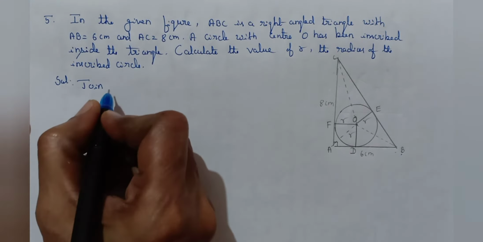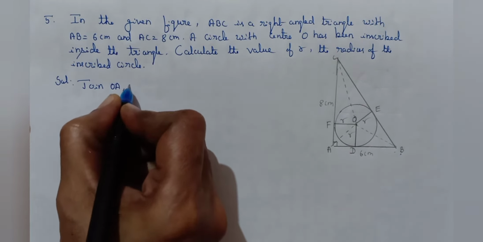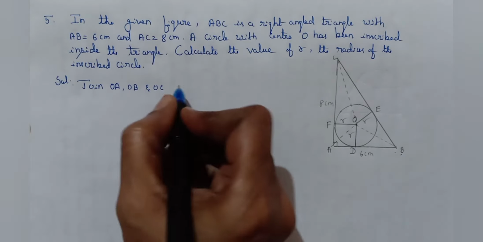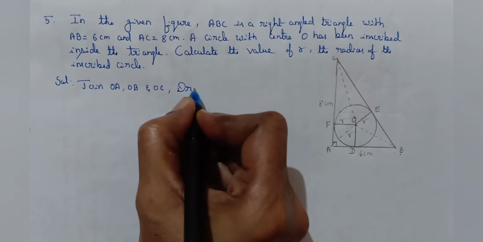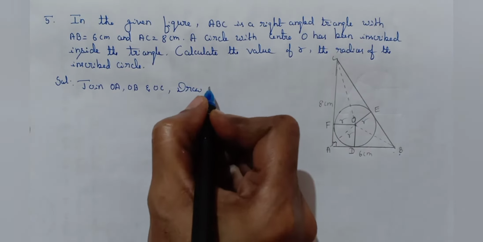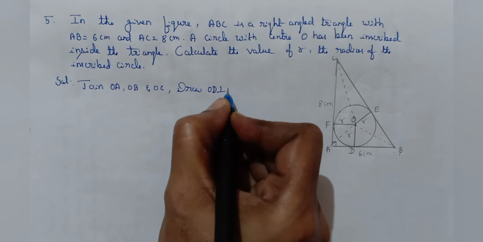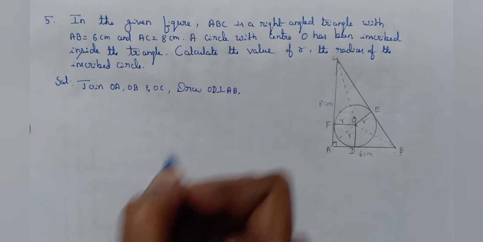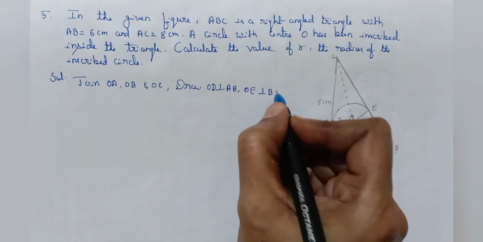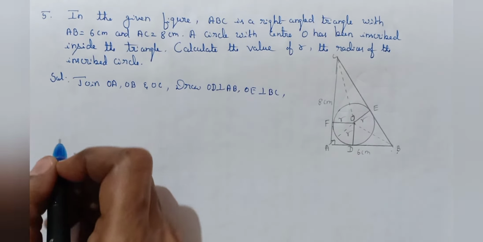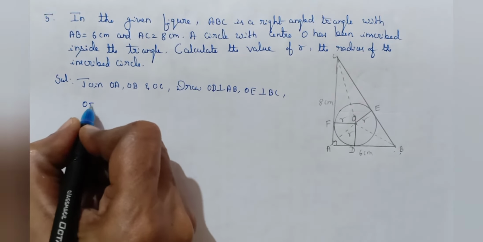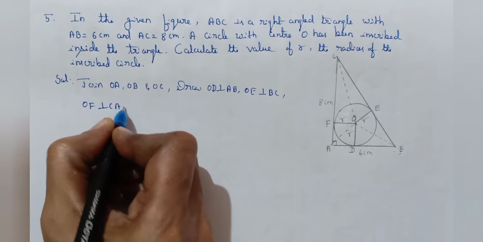And join OA, OB and OC and draw OD perpendicular to AB, OE perpendicular to BC and OF perpendicular to CA.